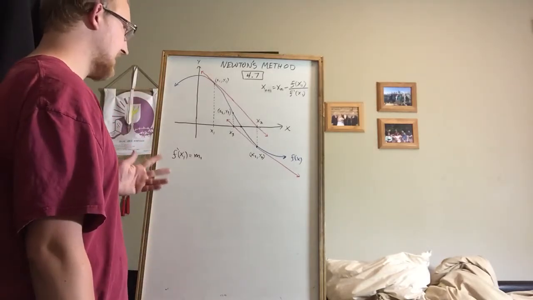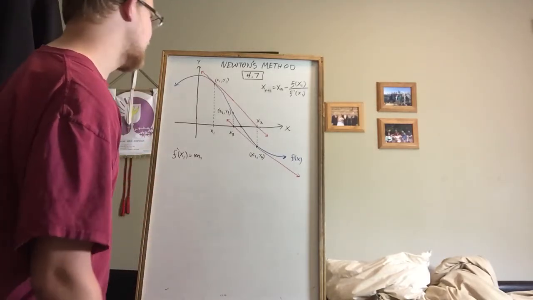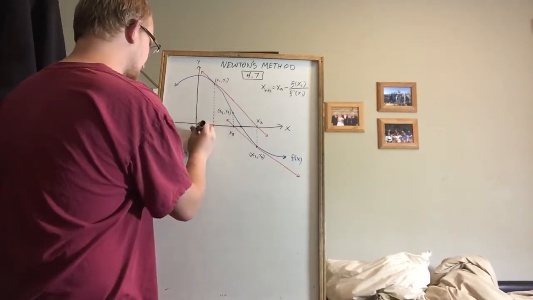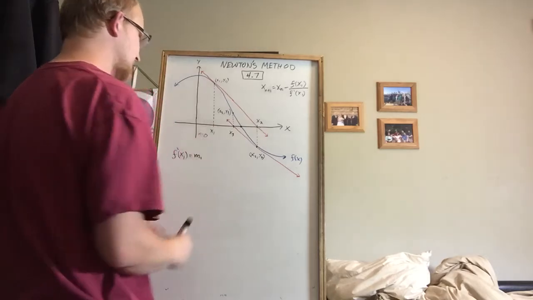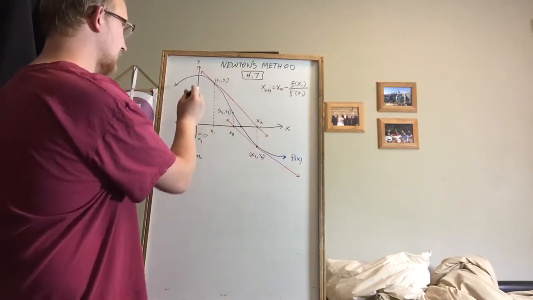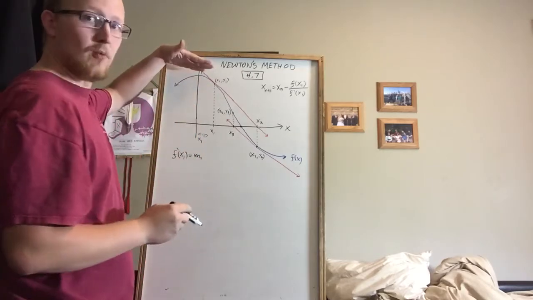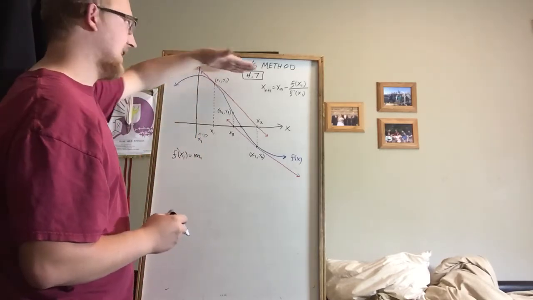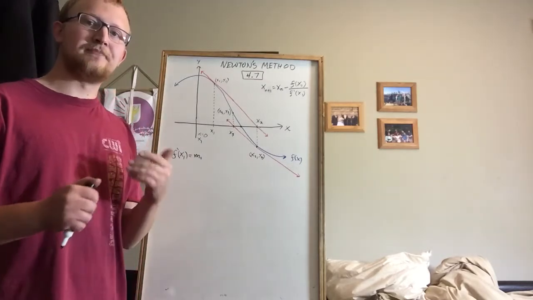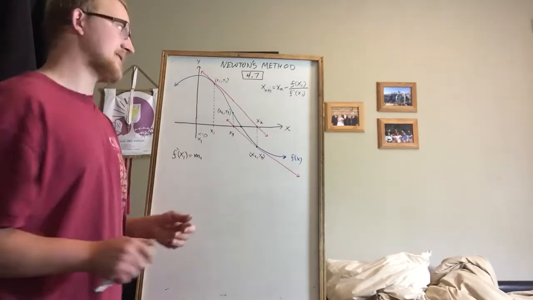There are a few exceptions to this. For example, what if I picked x equals 0 as my x1, and I went up to f of x1? I would notice that the tangent line never crosses the x-axis. So in some cases, Newton's method isn't going to work.